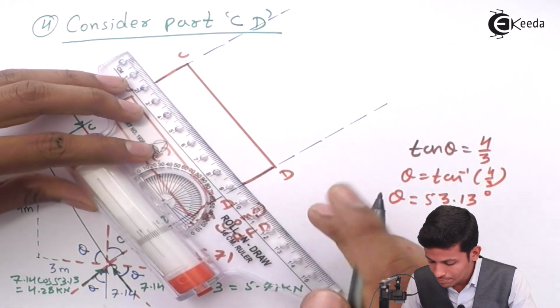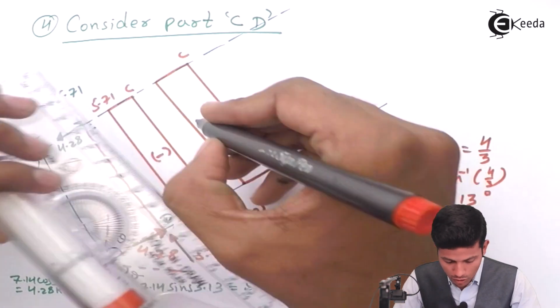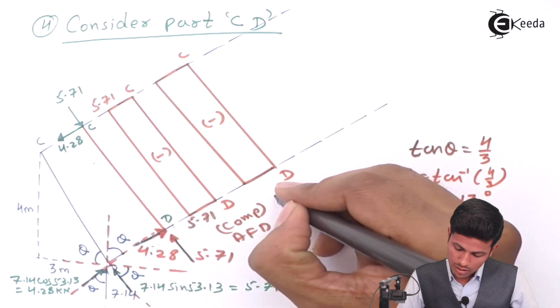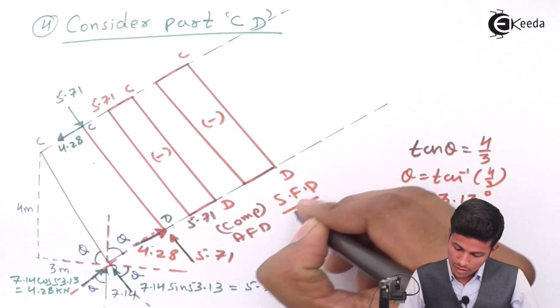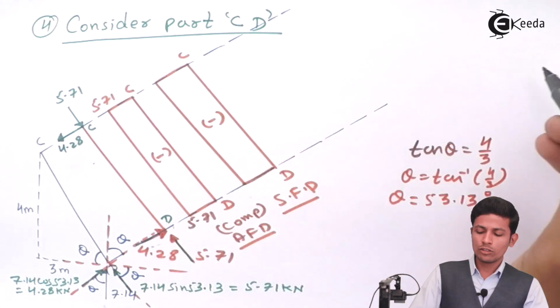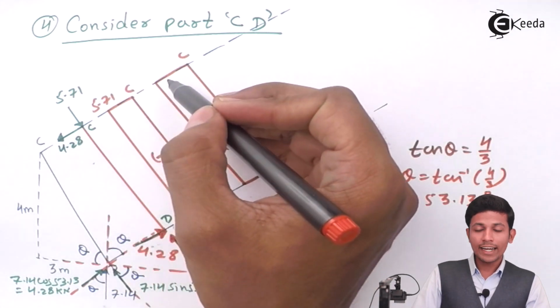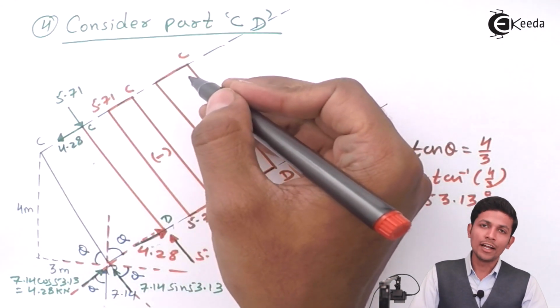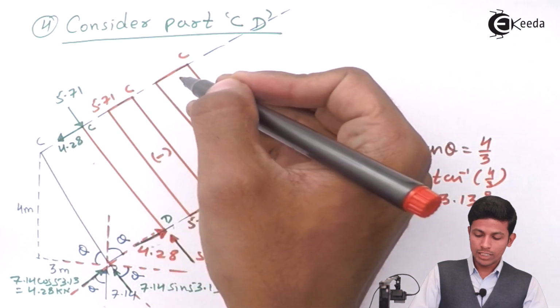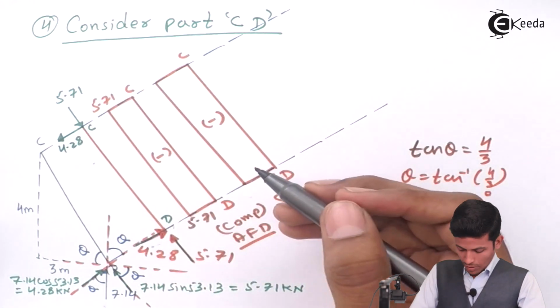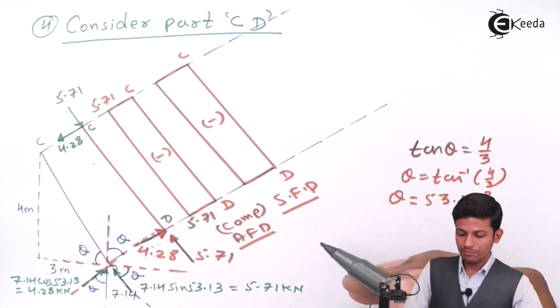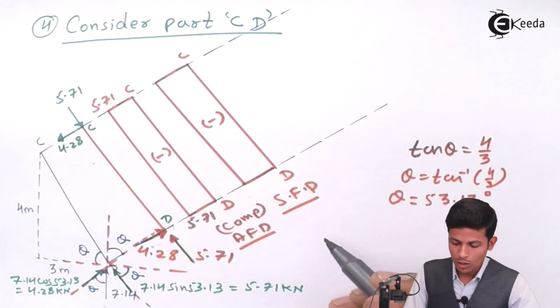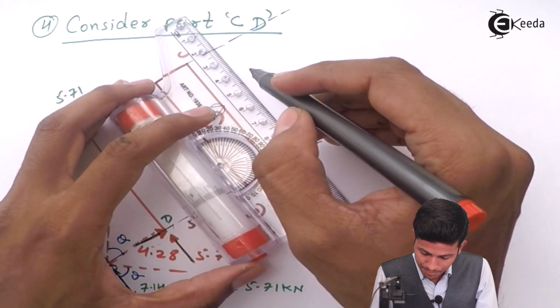Directly draw the diagram. This is also minus, this is SFD, or you can solve over here also. Shear force at C left equal to 0, shear force at C right equal to 5.71 minus, okay, minus sign.